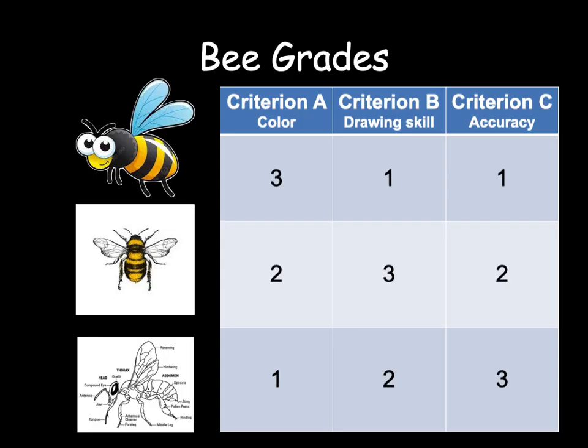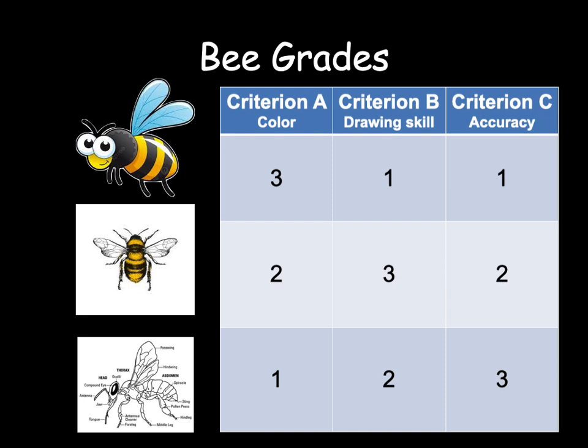So here's an overall look at where these different bees ranked. Definitely the highest score here would be the middle bee. You see it has a 2, a 3, and a 2. And if they had just labeled it, it would have been the highest all around. So part of what I wanted to show you with this is how important it is to define your criteria and what that means for your students.